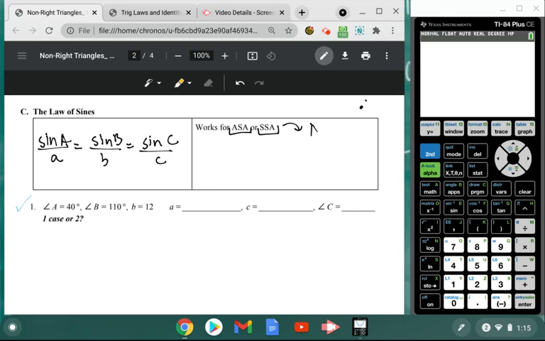I like to think of this one as the A word, ASS. One triangle construction for this one, and we're going to look at the two triangle constructions here.